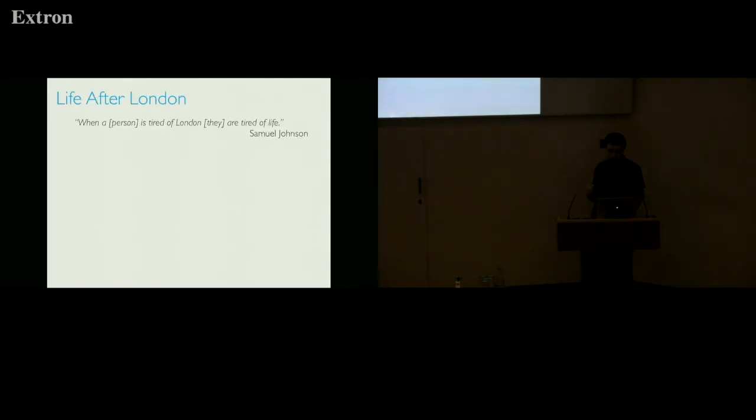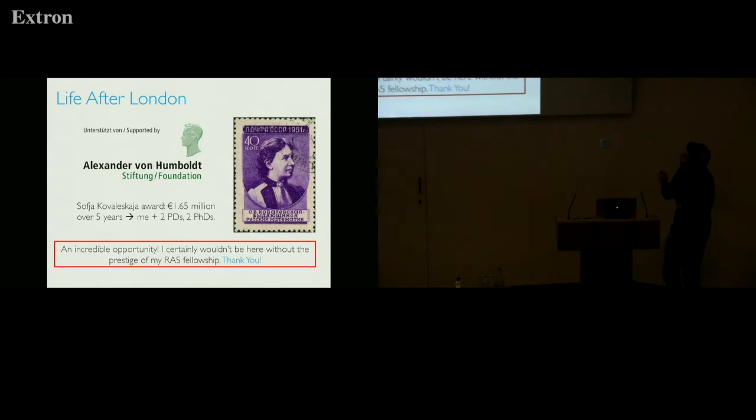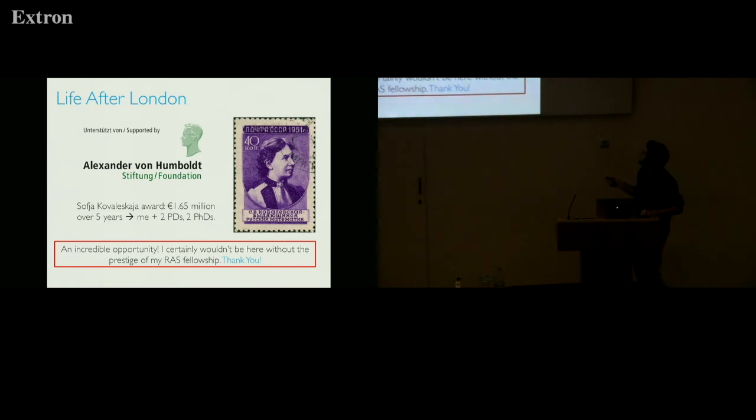And I will just tell you, I was asked at the end to say, life after London, I've left. When a person is tired of London, they are tired of life. So why would I go to Göttingen? The reason is that I won a grant from the Humboldt Foundation called the Sofia Kovalevskaya Award. This is Sofia Kovalevskaya. She was the first female professor in Europe, I believe.